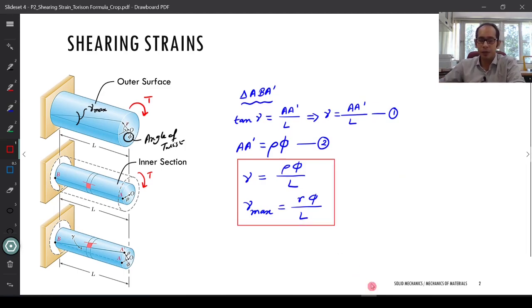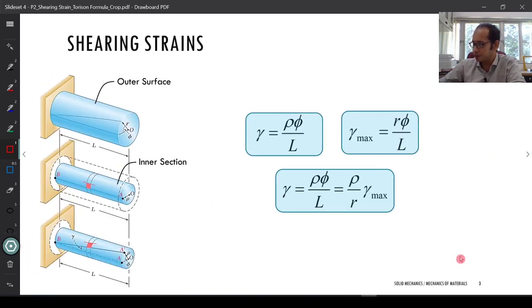Now that we have this particular relationship, next, what we saw on this page is that for solid shafts you have rho constantly varying from 0 at the center to r at the extremities, and in between you have the rho over here. So this is the summary of what we just wrote in the previous slide in a more clean fashion.